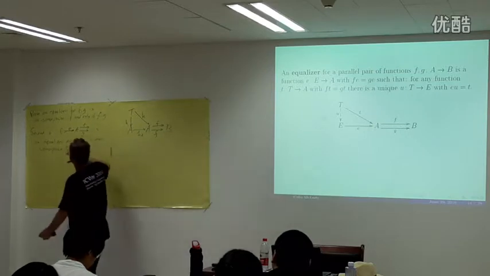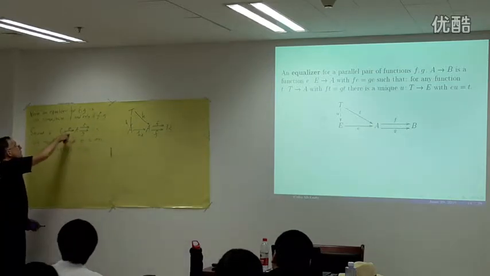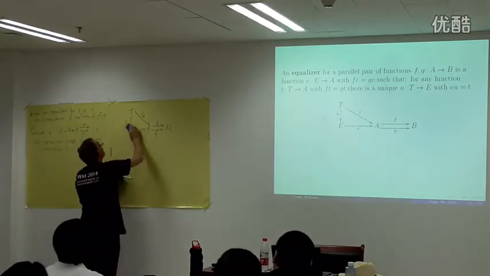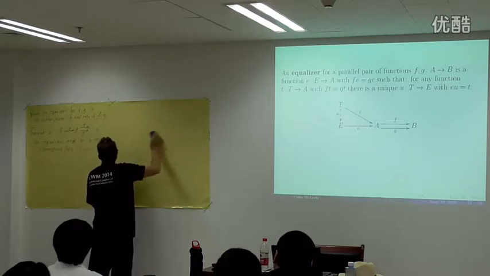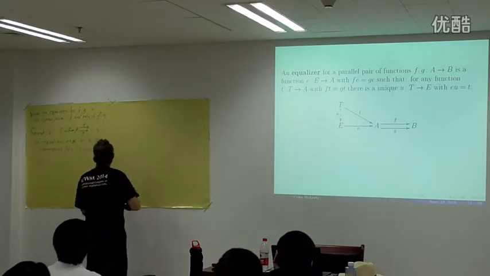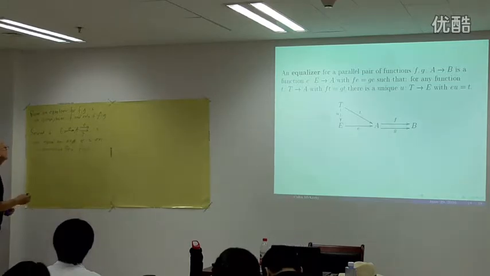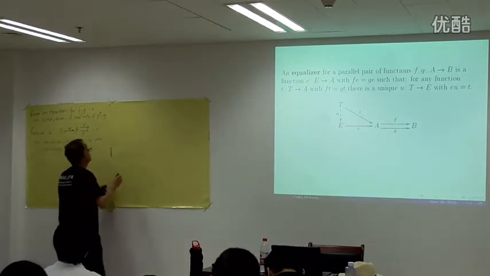Now we want to know conversely, suppose this equalizer is an isomorphism, then those functions were equal. But that's also easy.